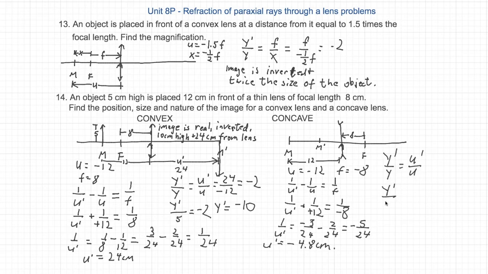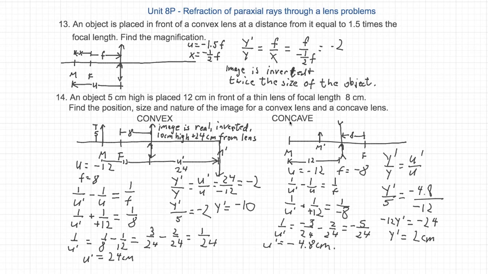Now we'll figure out the magnification. Y prime over the object size 5 equals -4.8 divided by -12. We cross multiply, and we find that y prime equals 2 centimeters.